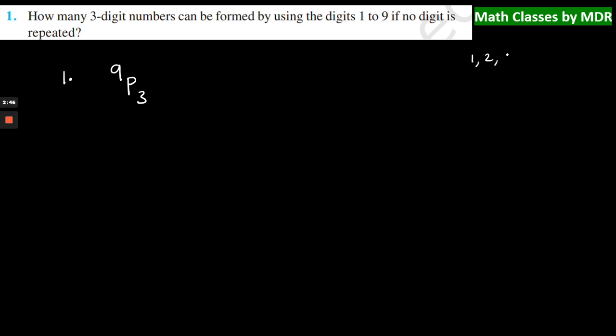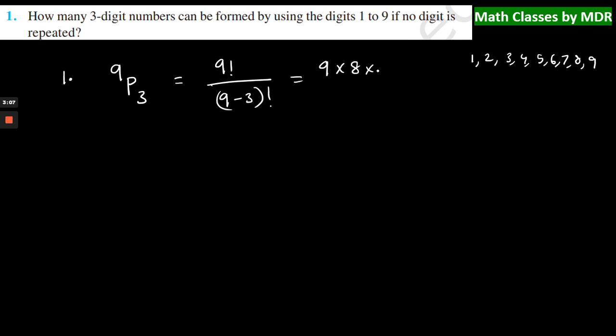So you'll get 9P3, which is equal to 9 factorial by 9 minus 3 factorial. 9 factorial can be written as 9 into 8 into 7 into 6 factorial, divided by 6 factorial.